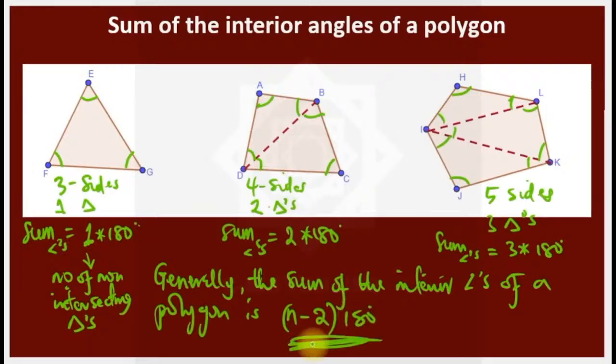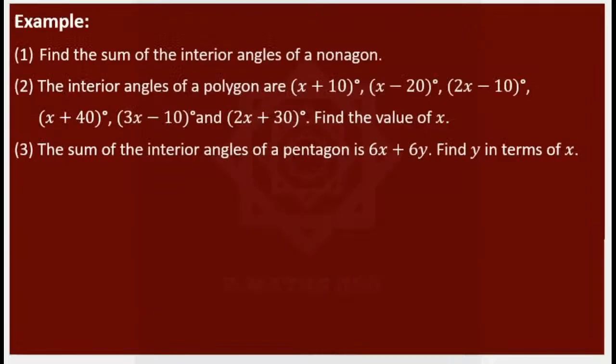So this is a special formula for the sum of the interior angles of a polygon. So let's use it and solve. Maybe let's solve the question. They said find the sum of the interior angles of a nonagon. So that's the first question.